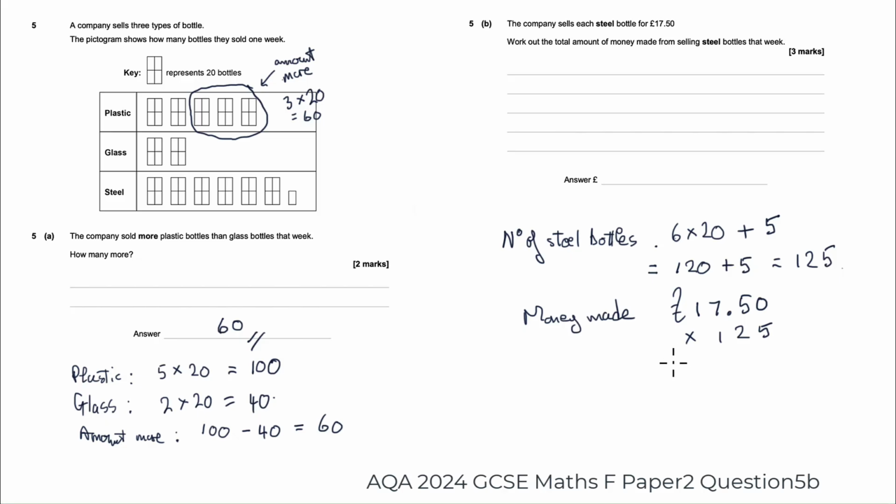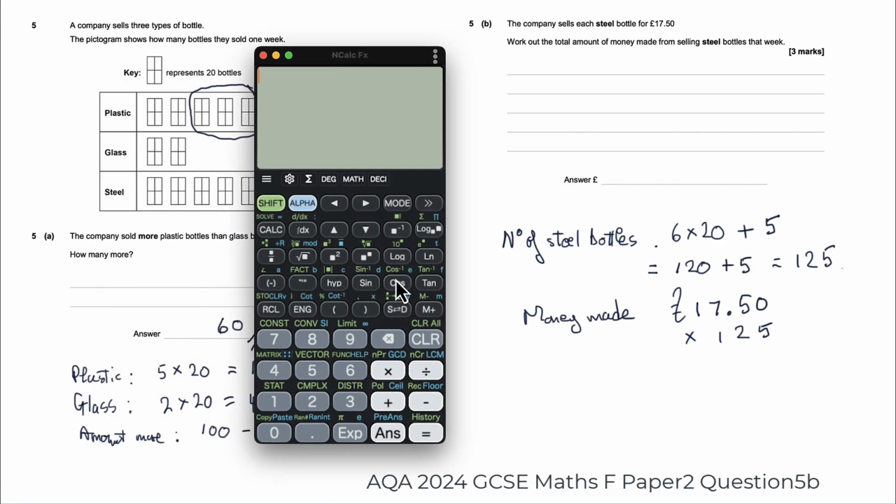So that definitely needs the calculator to be brought in. So £17.50 multiplied by 125. And there we have the answer.